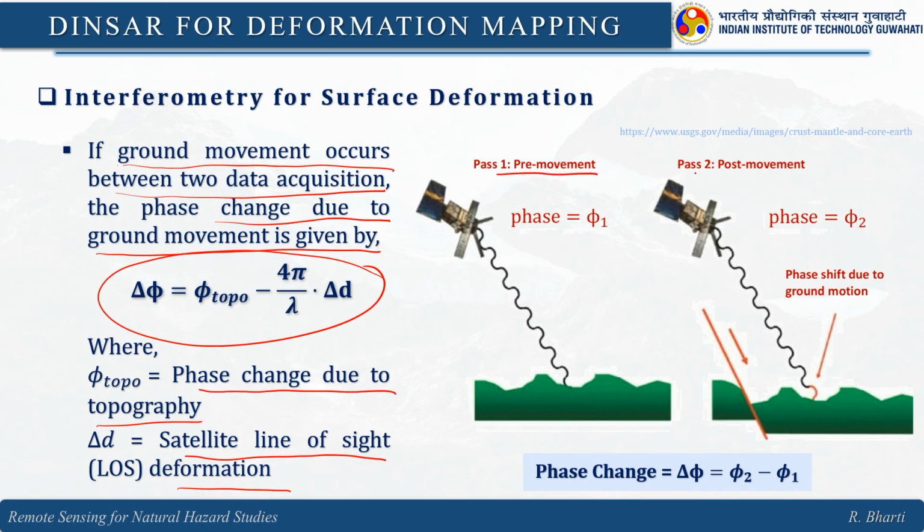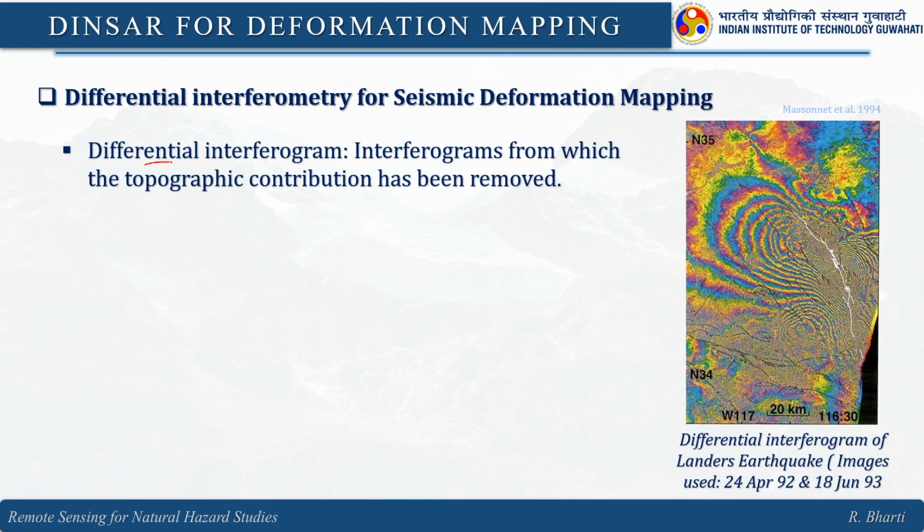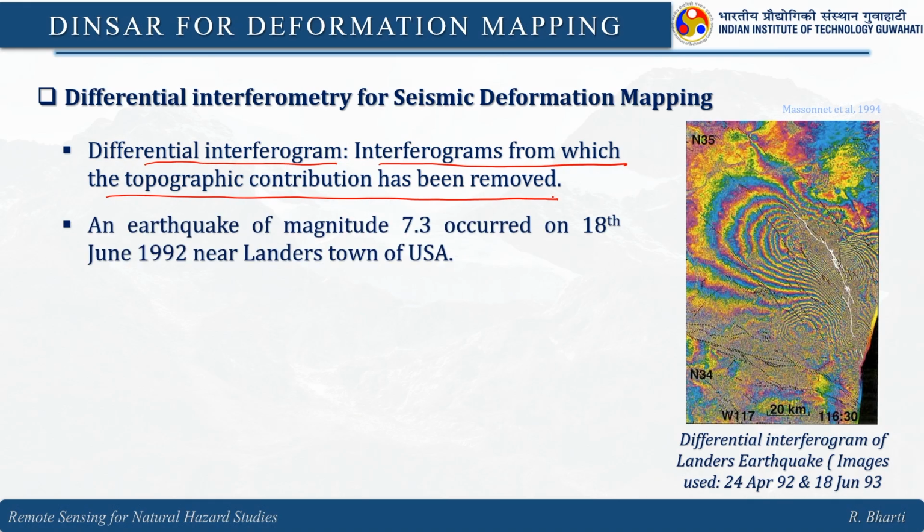So, here this is the pre-movement, this is the post-movement, and here the phase shift due to ground motion can be seen. The differential interferogram, this is the DInSAR, is an interferogram from which the topographic contribution has been removed, right.